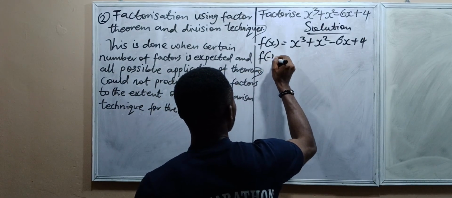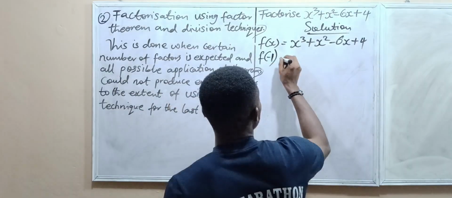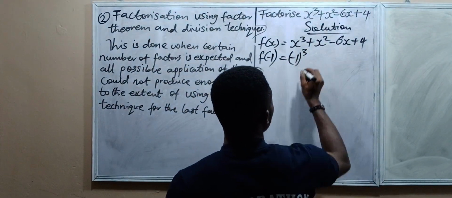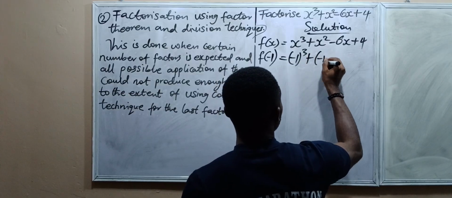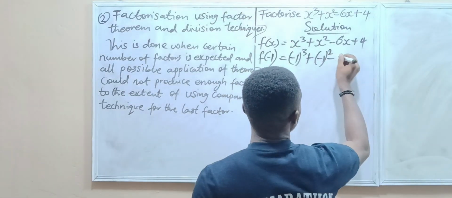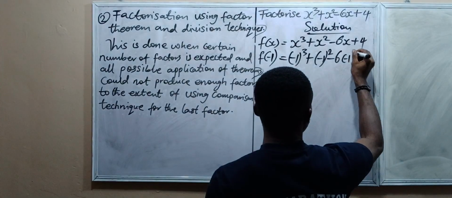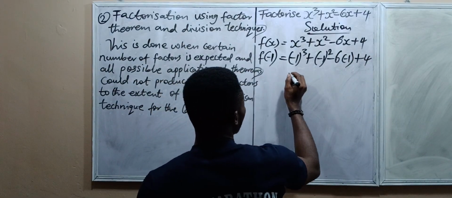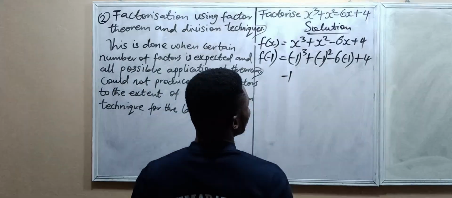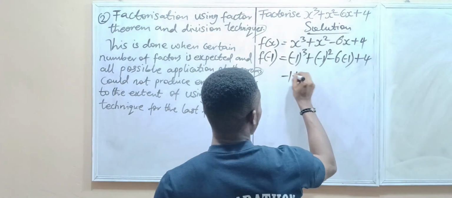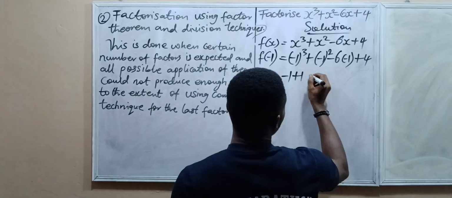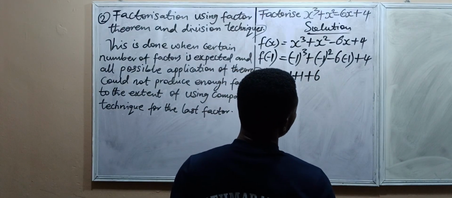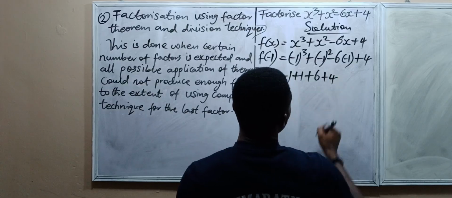F of minus 1 will be equal to minus 1 to the power 3, plus minus 1 to the power 2, then minus 6 into minus 1, and plus 4. And this will give us minus 1, while this one will give us plus 1, this will give us plus 6, and the other one will give us plus 4. Right?